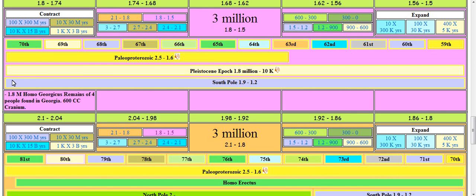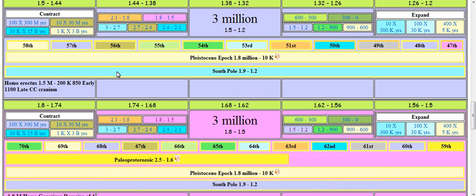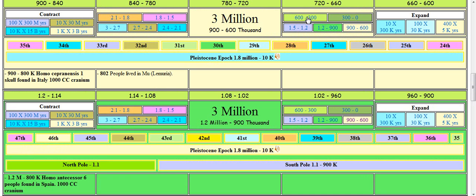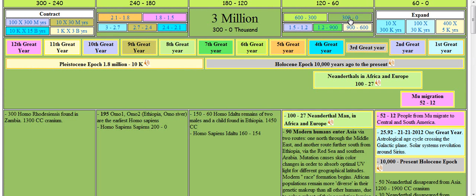So you see, I will include him in there when I get around to it. Pleistocene epoch, South Pole, and then down, down, down. So this is 3 million years across, or this is 300,000 years down, and this is 60,000 years.